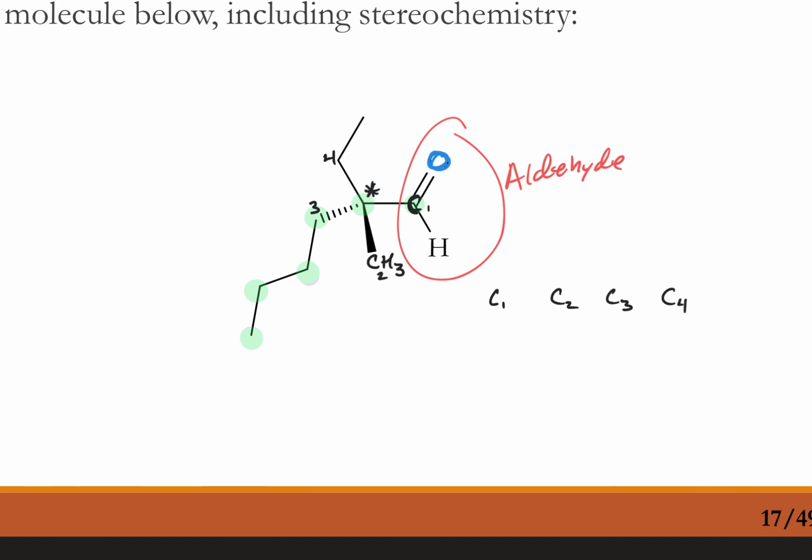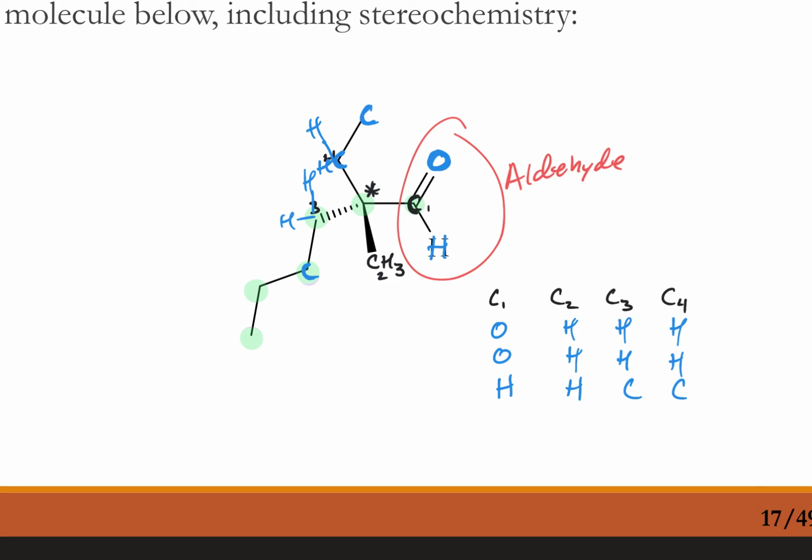Then we have an oxygen, it's double bonded, so oxygen, oxygen, hydrogen. At C2, there's hydrogen, hydrogen, hydrogen. At C3, there's those two hydrogens and a carbon. At carbon 4, there's two hydrogens and a carbon as well.